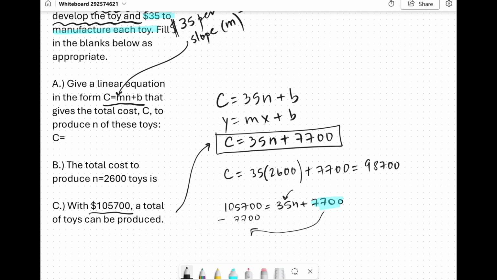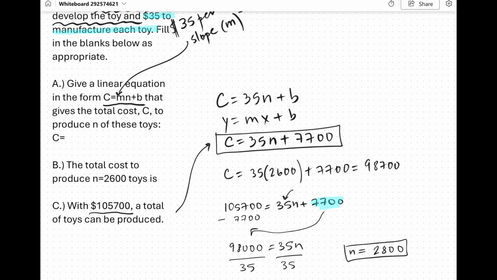Now 105,700 minus 7,700 is 98,000 equals 35n, and then we divide both sides by 35 to get n equals 2,800. What this means is if you have a budget of $105,700, you should be able to produce 2,800 toys.